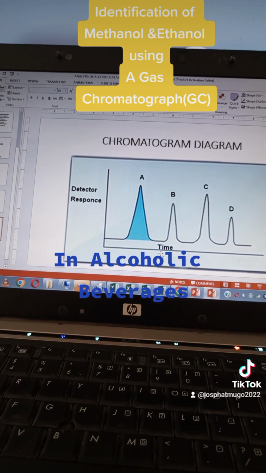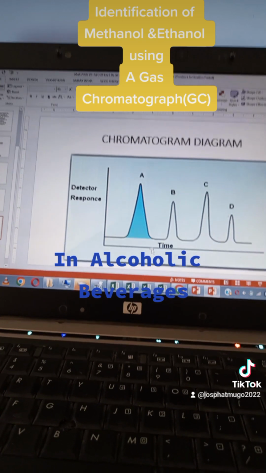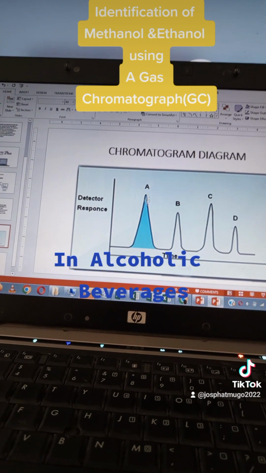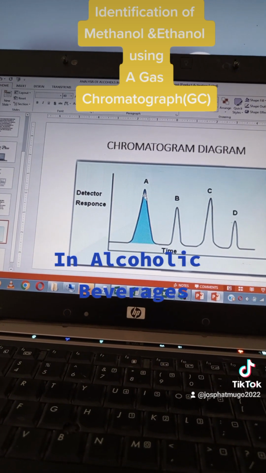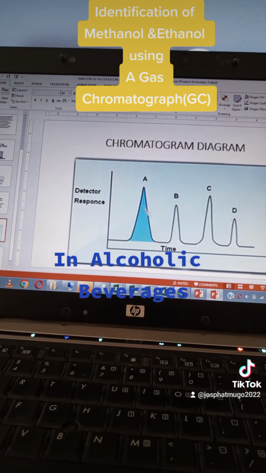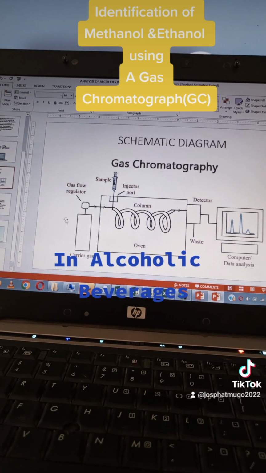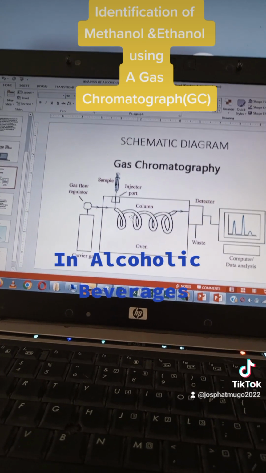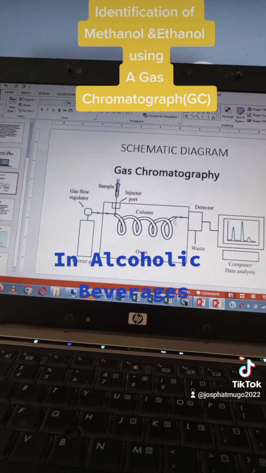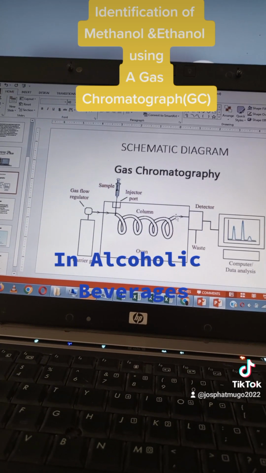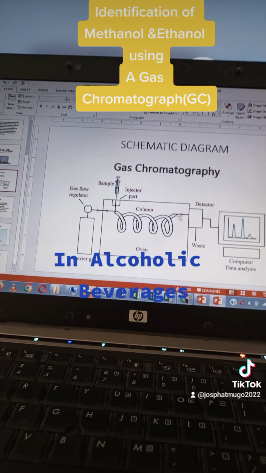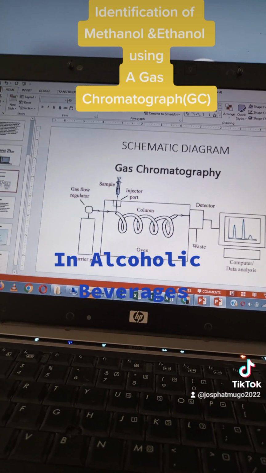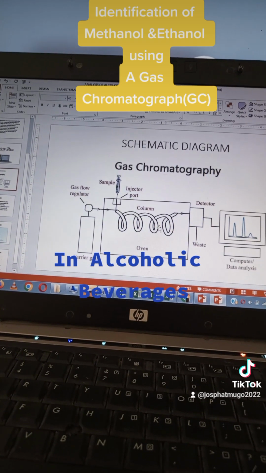Time in this case is the retention time: the time taken for this particular analyte, component A of a sample, to get out of the column. Remember, the injection is here. Then the sample goes through the column and elutes from this column heading to the detector. The time taken between the injection port and the detector is what we call retention time.